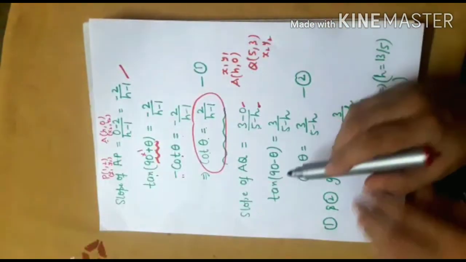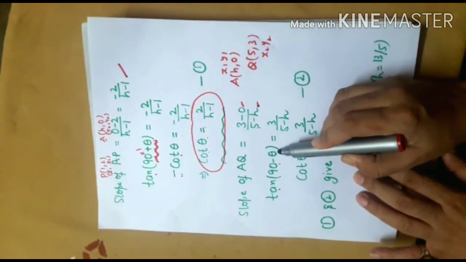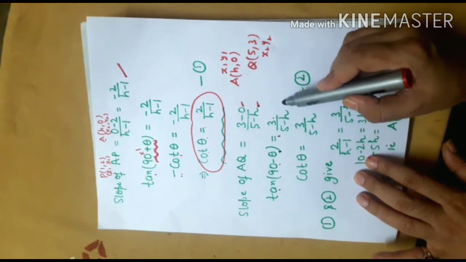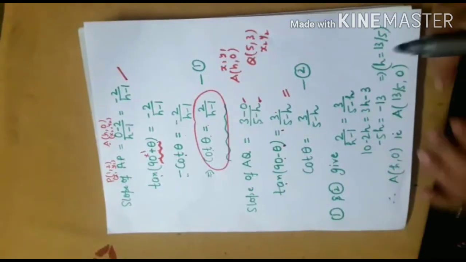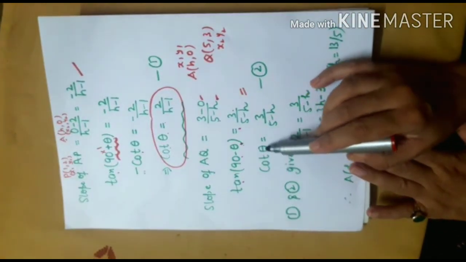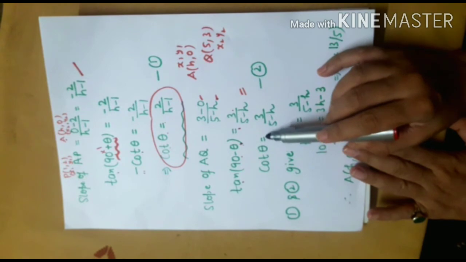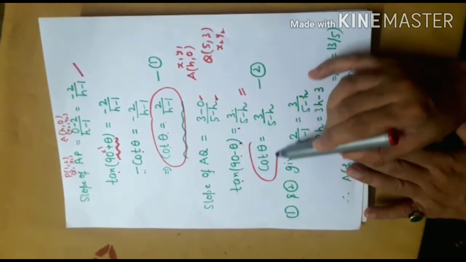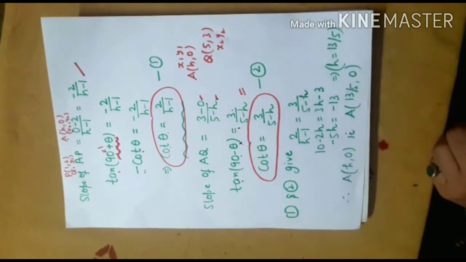So, slope will be tan(90 minus theta) and it should be equal to 3 over 5 minus h. Yes, you know that tan(90 minus theta) is cot theta. So, cot theta will be equal to 3 over 5 minus h. This is our second equation.